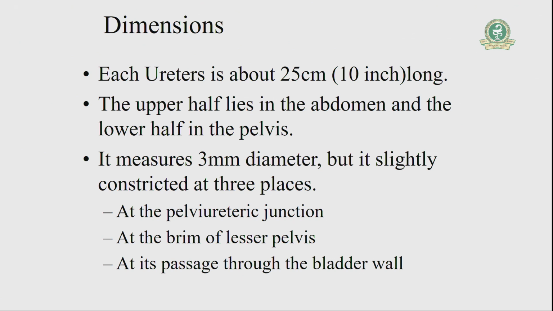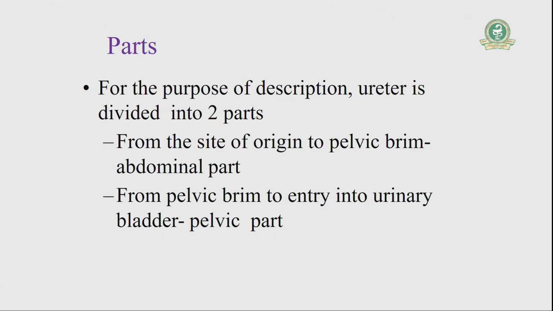The upper half lies in the abdomen and the lower half in the pelvis. It measures 3 mm in diameter, but is slightly constricted at 3 places: at the pelvic-ureteric junction, at the brim of the lesser pelvis, and in its passage through the bladder wall.